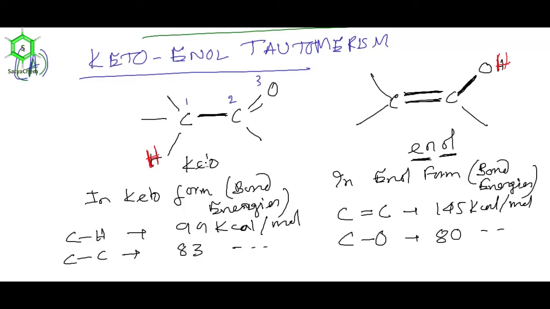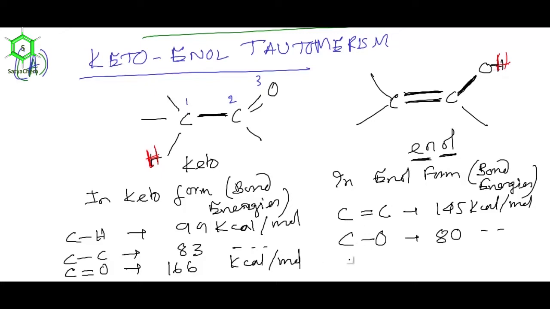And this C double bond O also breaks in keto form. Bond energy of C double bond O is 166 kilocalorie per mole. And here see, there is a new OH bond in enol form.